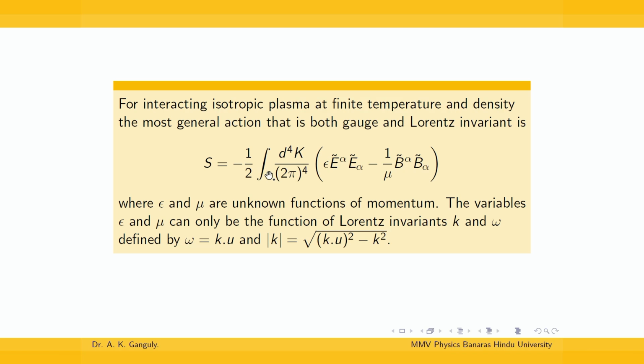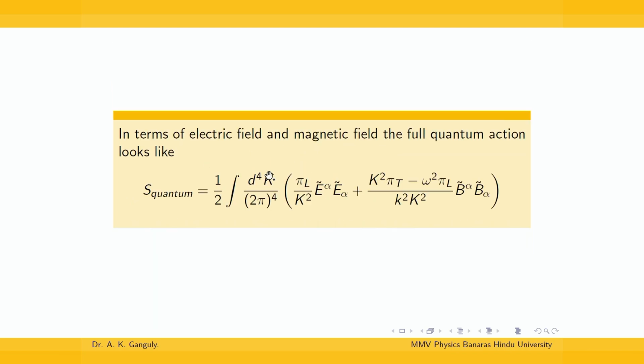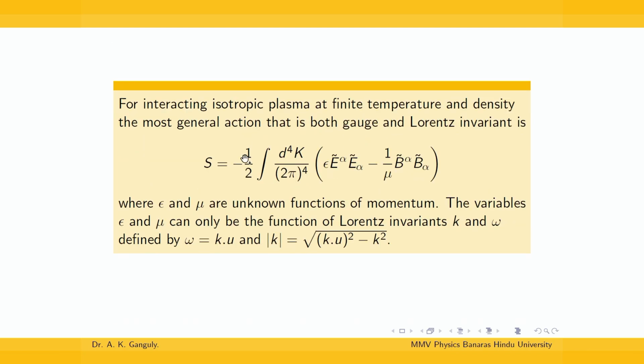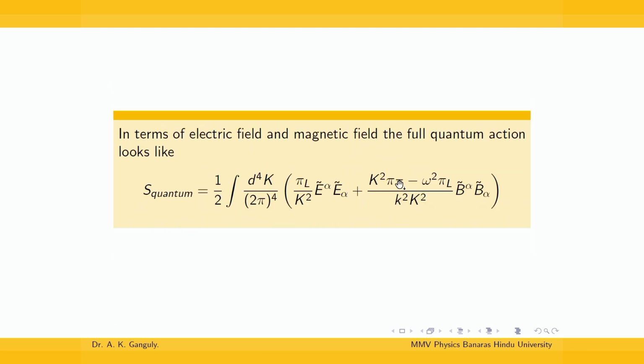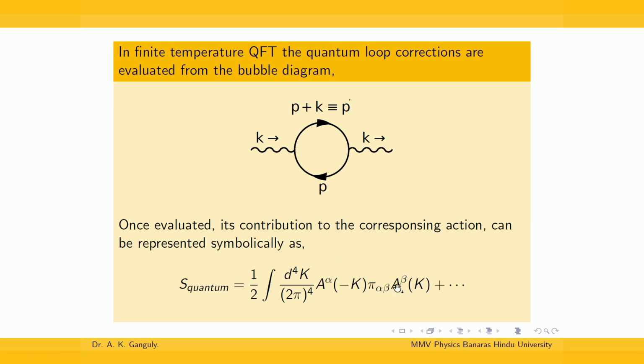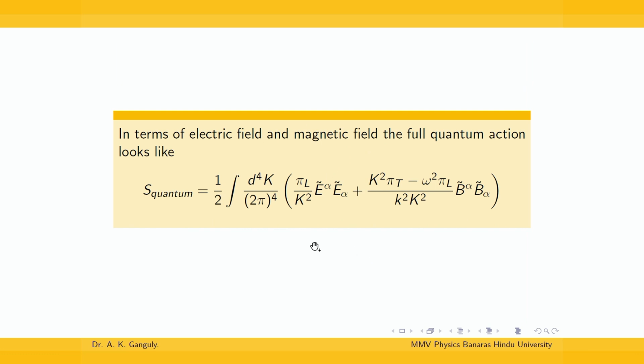So, now if we compare these two situations, where the electric field and magnetic field and their dependence on the medium has been taken into account by incorporating the permeability and permittivity, and that of the covariant situation that was given in terms of the gauge fields A alpha and A beta.